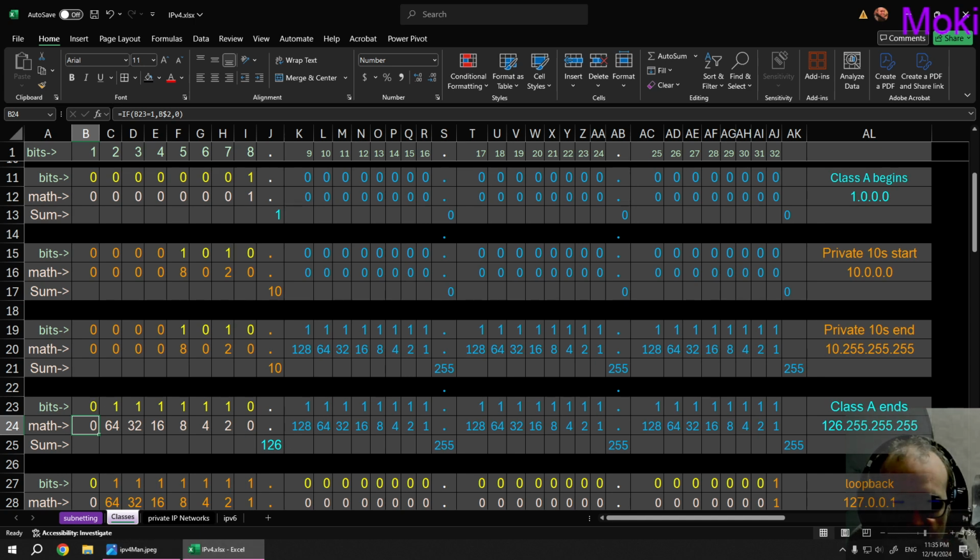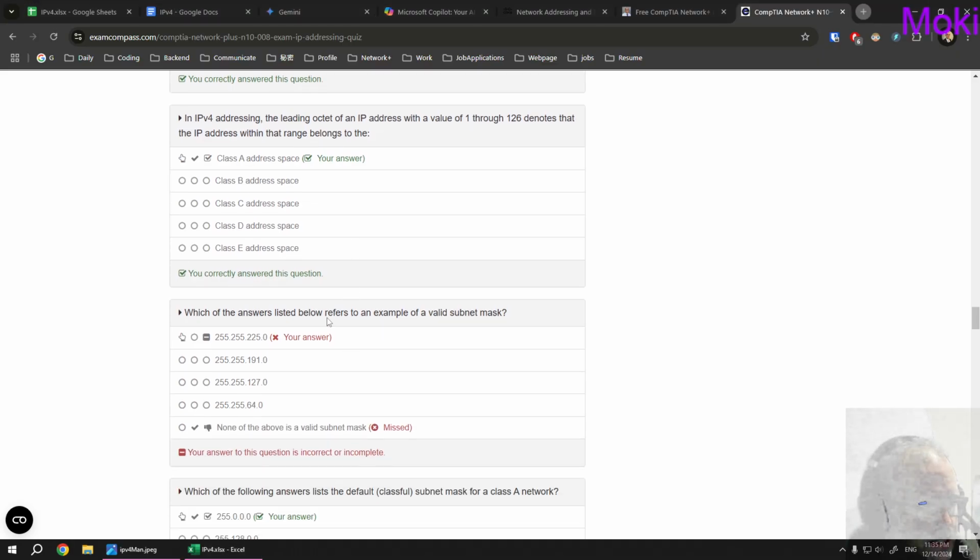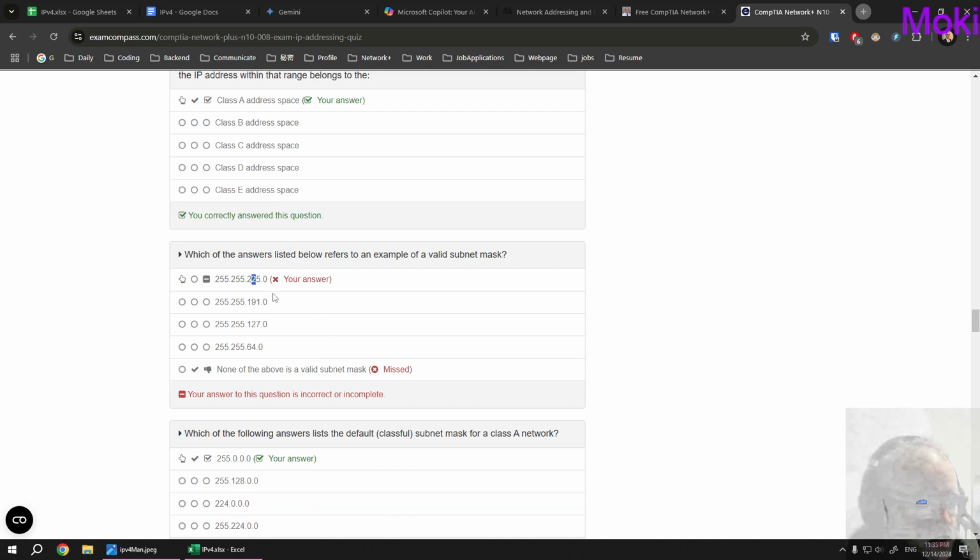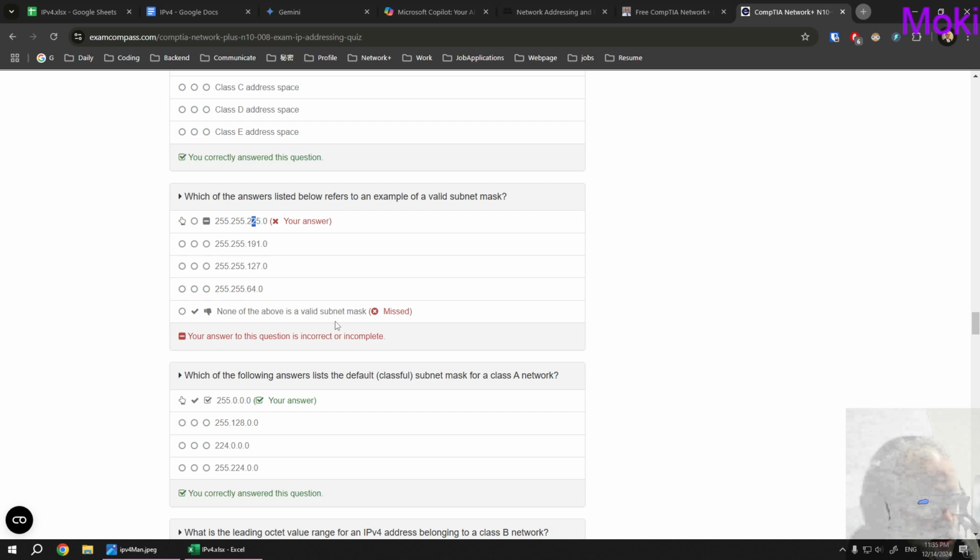All right, and then what is a valid subnet mask? That's a funny thing, I missed this. I was like, oh, this is 255, 255, 255. But actually, they put in 225 here. Flip that around. My brain did not catch that one. Maybe it's a trick.